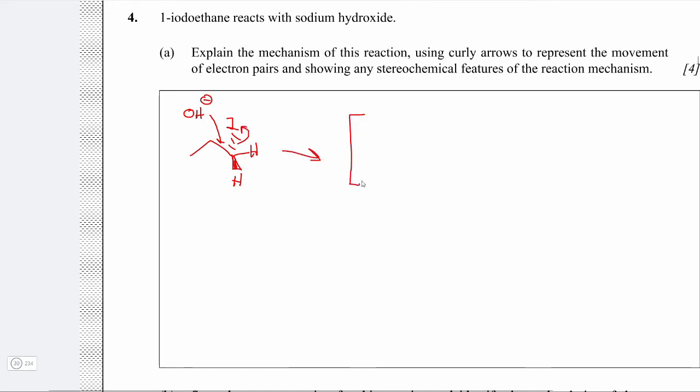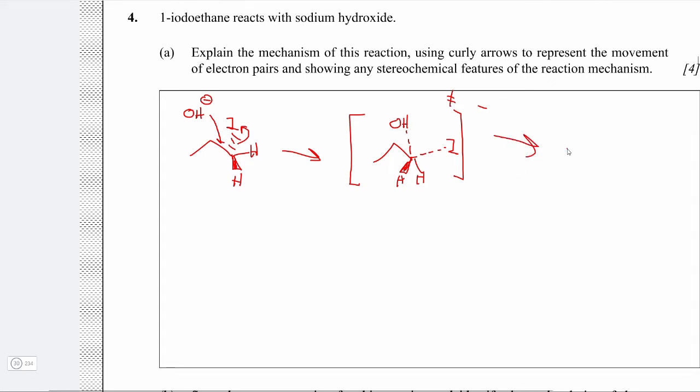But we also need to draw the transition state to get full marks. So it would be something like this, you draw the dotted lines like this for the transition state. And then the two hydrogens with a negative charge, and then you mark it with the double dagger for transition state.